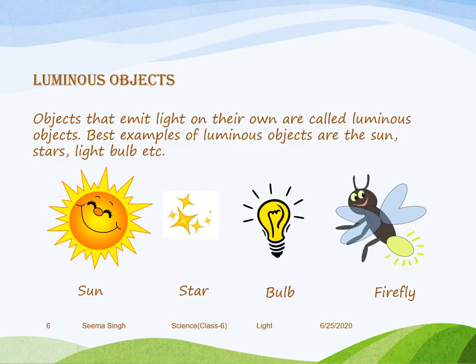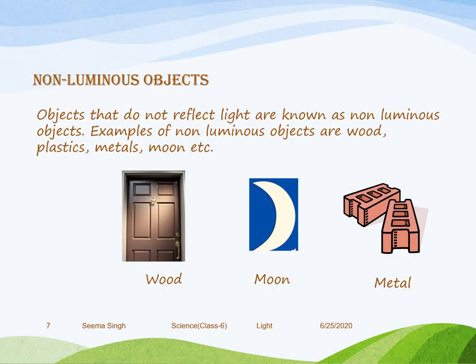Now let's try to understand the non-luminous objects. Non-luminous objects are the objects that do not have light and do not reflect light of their own. They do not have any light of their own. These are termed as non-luminous objects. What are the various examples?